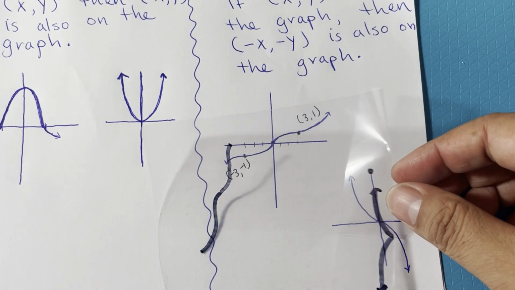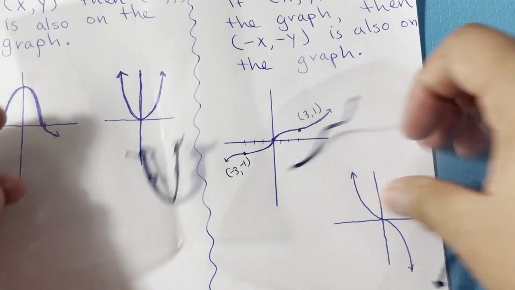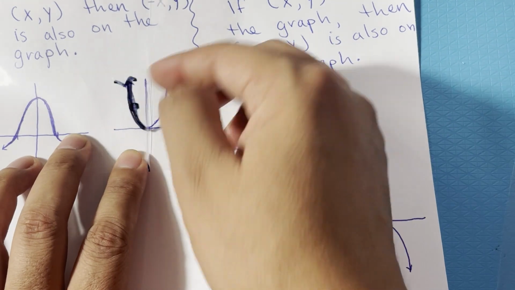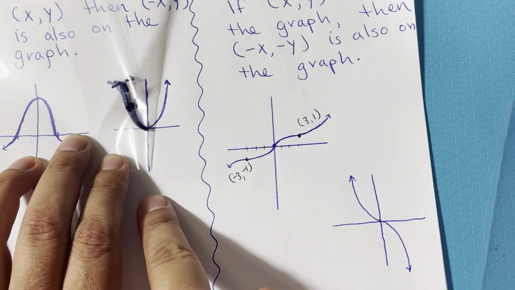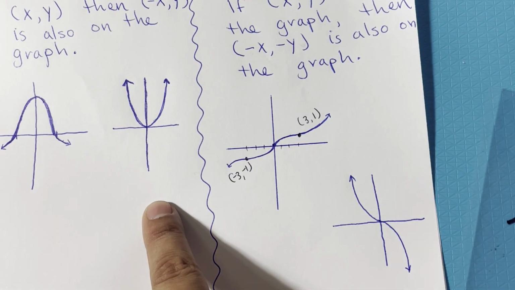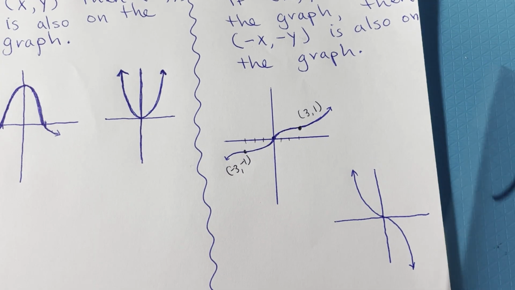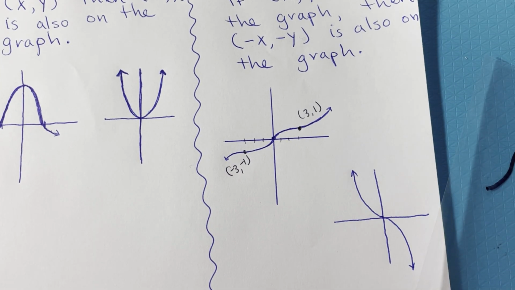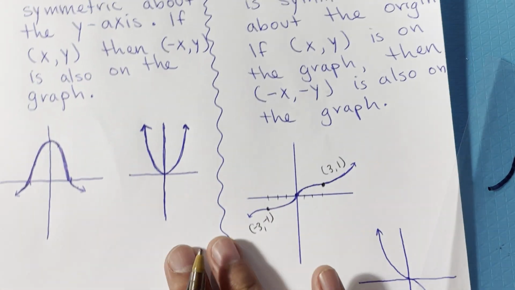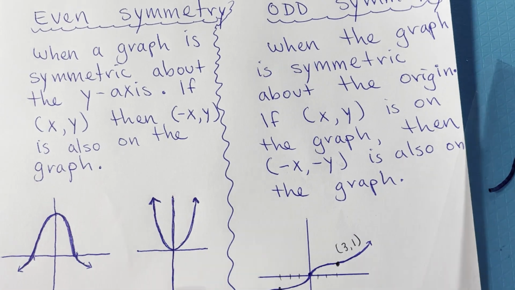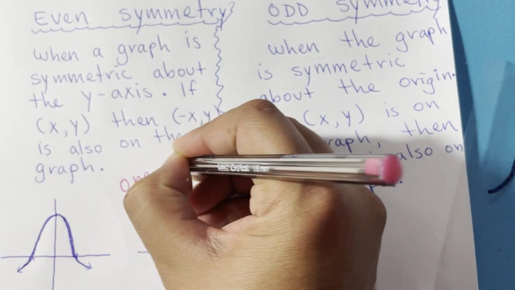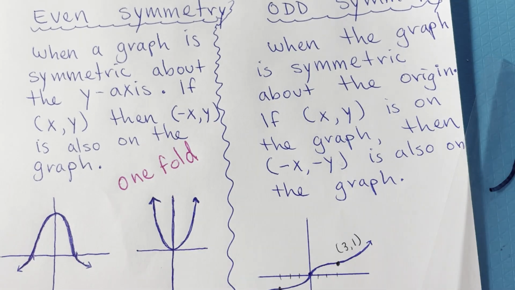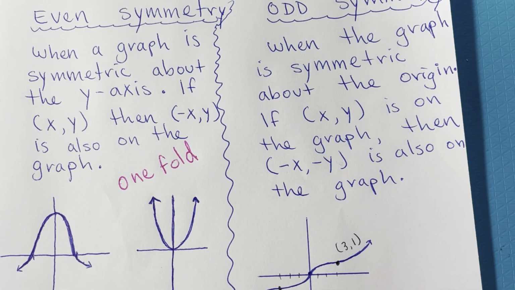For the even, you only fold it once. So they call this one fold. So we can say that for the even symmetry, it's a one fold or one flip.